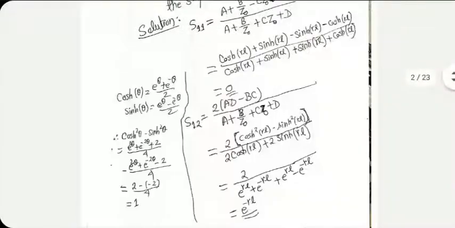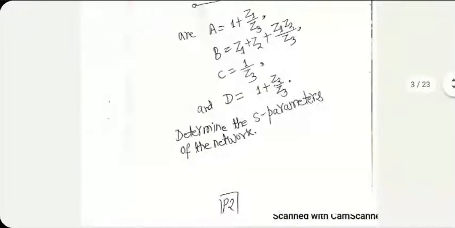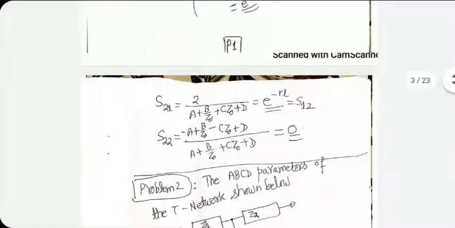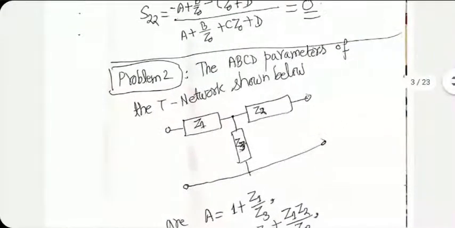When looking at networks other than transmission lines, again, the same theory can be used. For instance, this is a T network for which we have already derived ABCD parameters in the past.